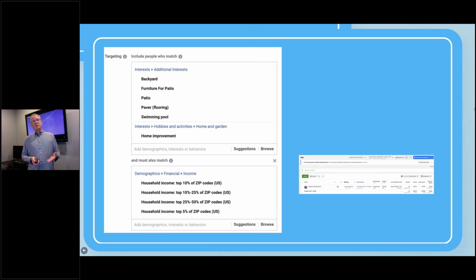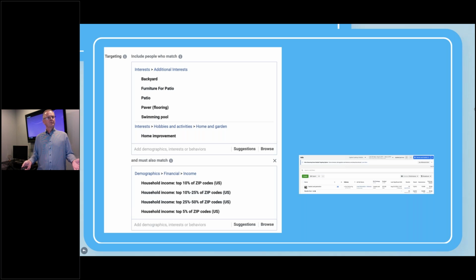What we do is typically target interests with these ads. This campaign was set up for a customer whose business is patio covers. The interests we had are backyard, furniture for the patio, pavers, swimming pool. As you can see, they're really into updating their backyard.